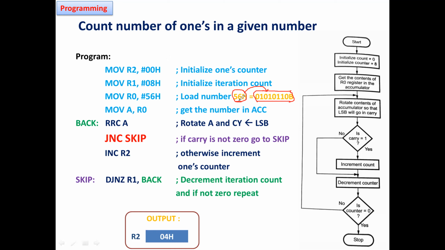If I give a different number, for example 76H, what is the corresponding binary value? Can anybody tell me that? 0, 1, 1, 1, and then 6 is 0, 1, 1, 0.